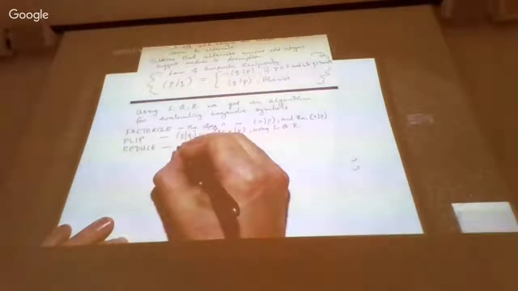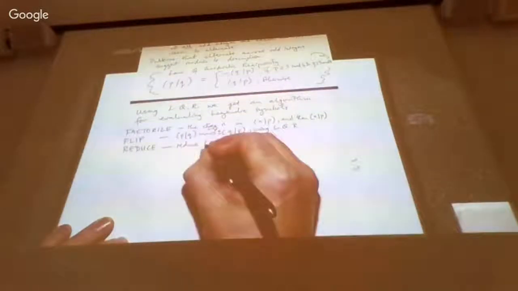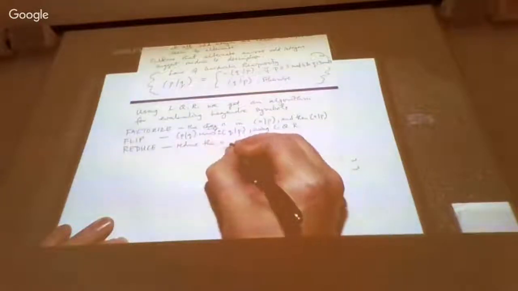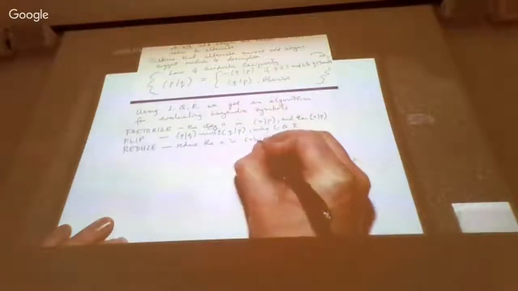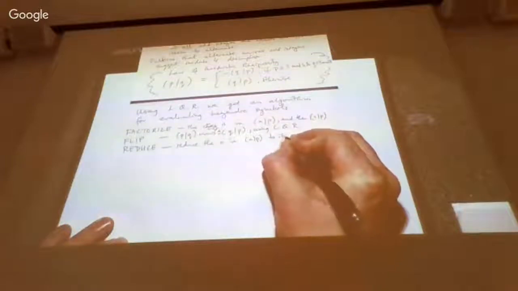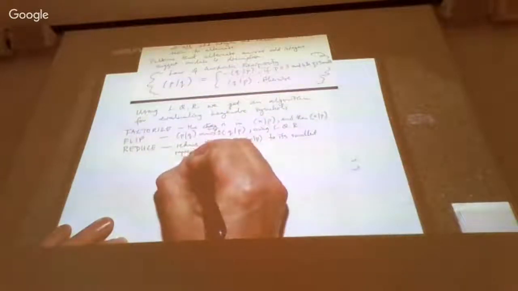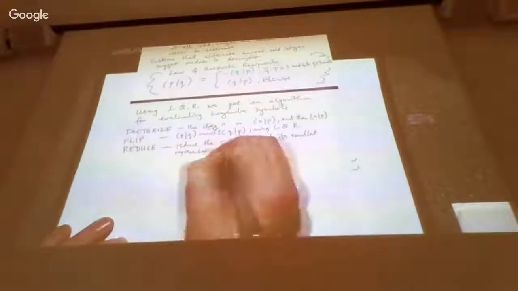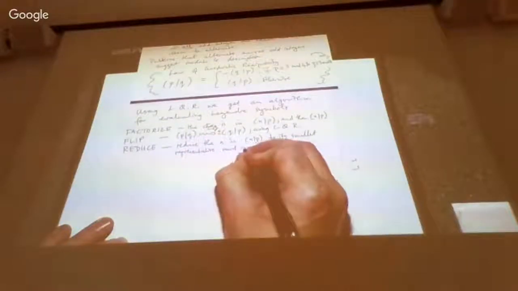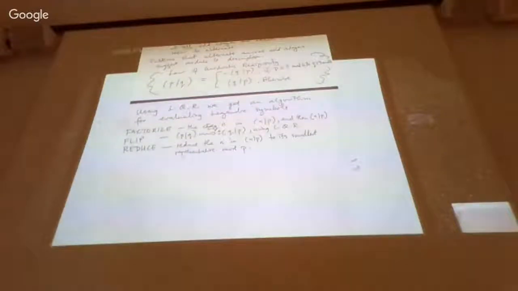So reduce means reduce the n in (n/p) to its smallest representative modulo p. Okay, the best thing to do is just to dive in and show you an example, and you'll get a feel for what it is. But it's factorize, flip, reduce, factorize, flip, reduce.